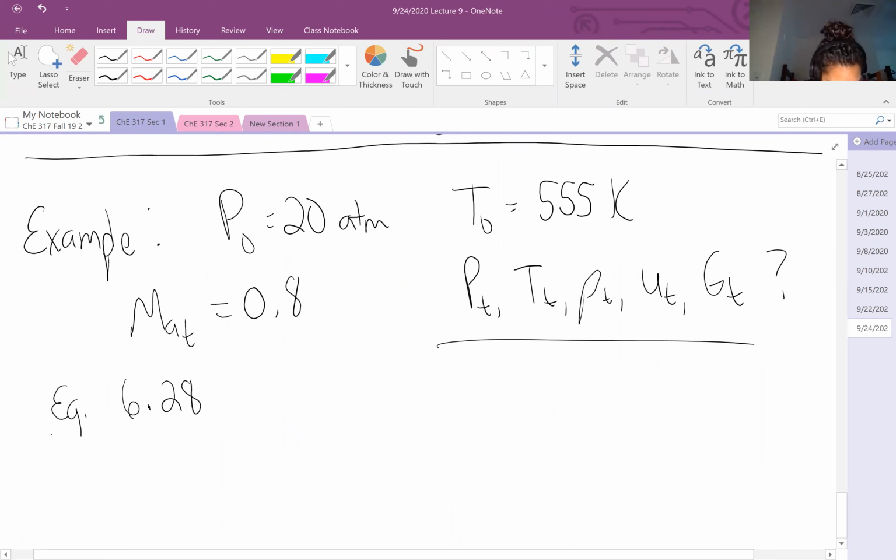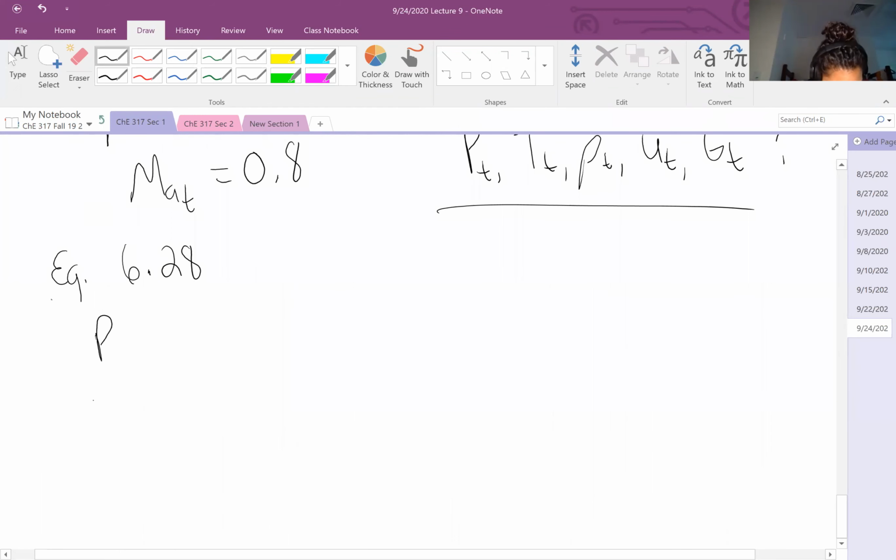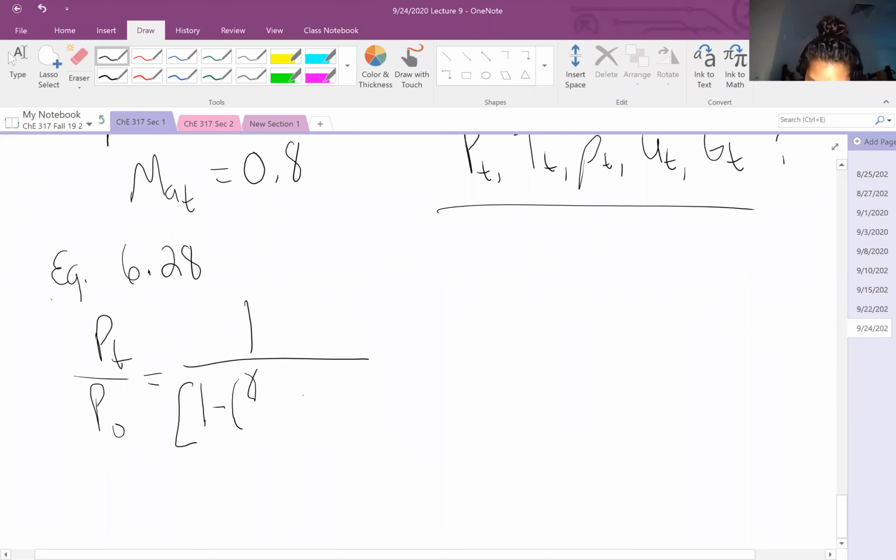And so I can say P sub T over P naught is equal to 1 over the quantity 1 plus gamma minus 1 over 2 times Mach number squared, all to the power of 1 over 1 minus 1 over gamma.